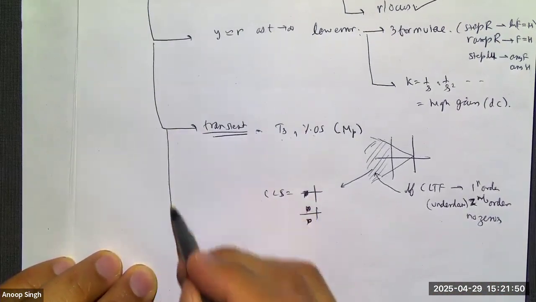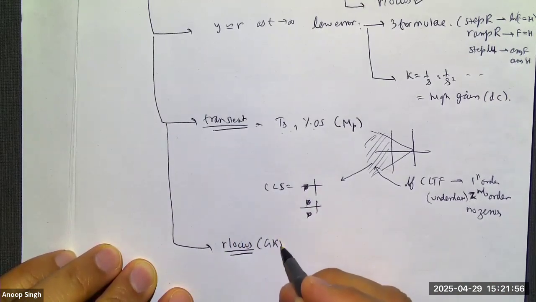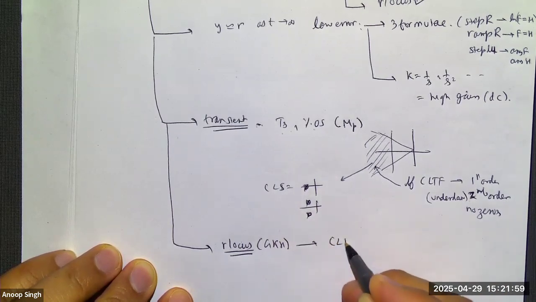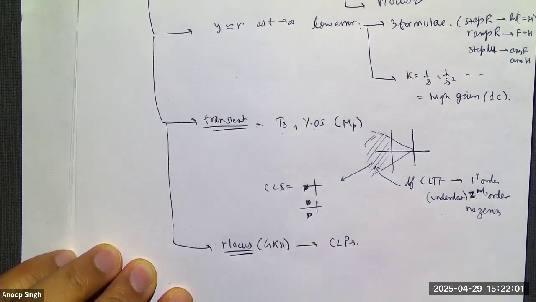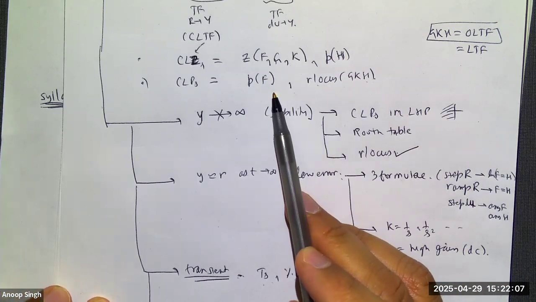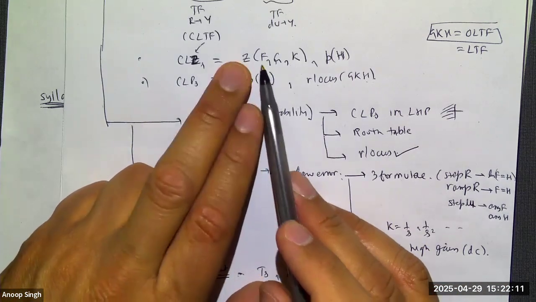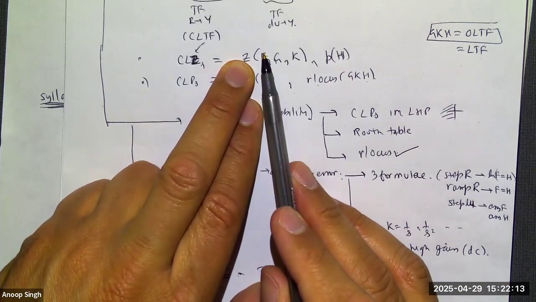And then in a similar way, for transient specifications, we talked about root locus. The idea was that the root locus plot of GKH gives you the closed loop poles, not all of them. Closed loop poles are what the root locus gives you, and also what you put inside the prefilter. What you put inside the prefilter gives closed loop poles, and the zeros of the prefilter are the closed loop zeros.